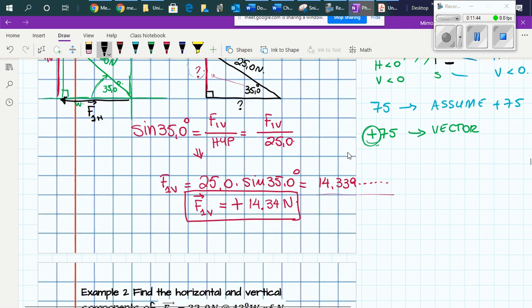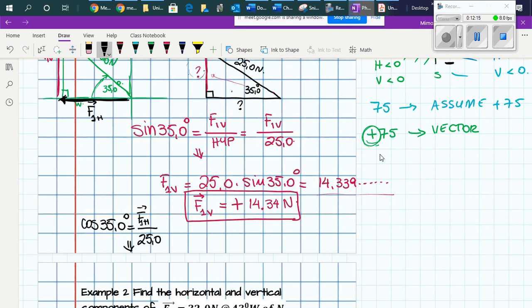And now let's figure out the horizontal component, which is this vector here. So in this triangle, the horizontal component is the adjacent. So we will use cosine. Cosine 35 degrees is equal to the horizontal component of vector 1 over 25.